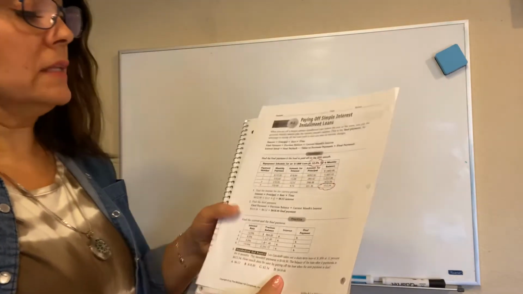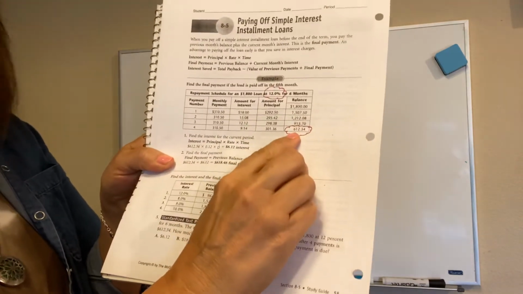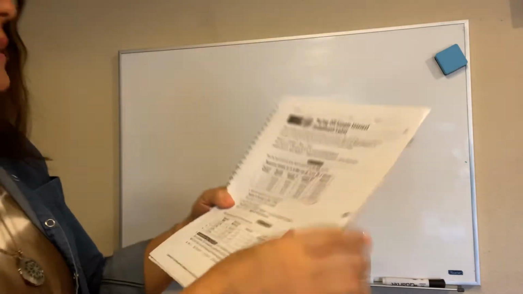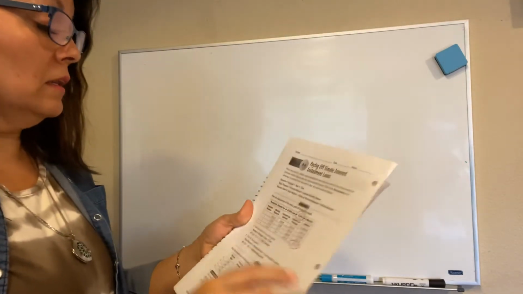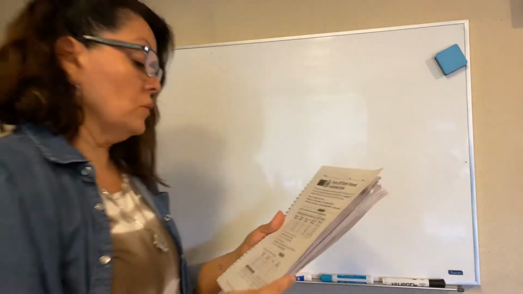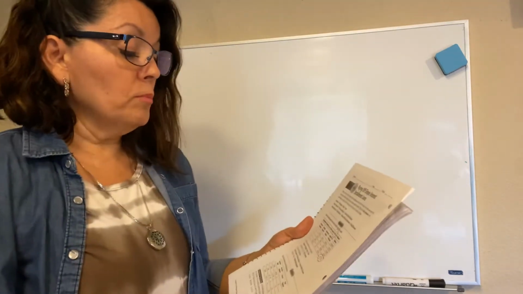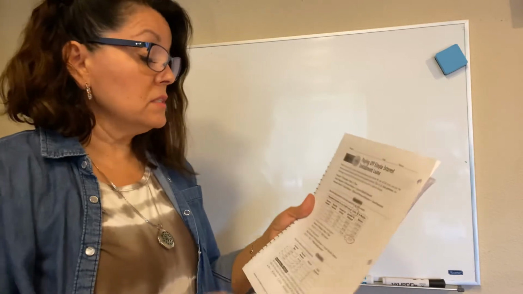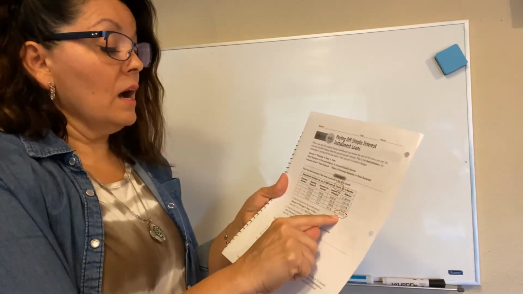So in the example, it's giving you data, okay? So this is the amount that we're going to use because this person has been paying $1,800 at 12% for 6 months. So he's been paying 4 months.